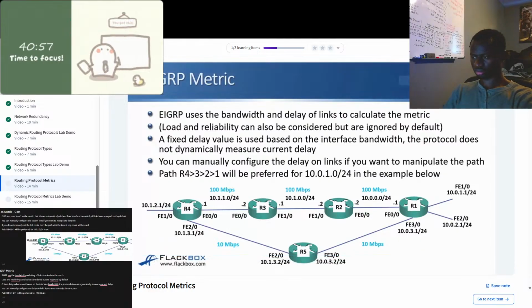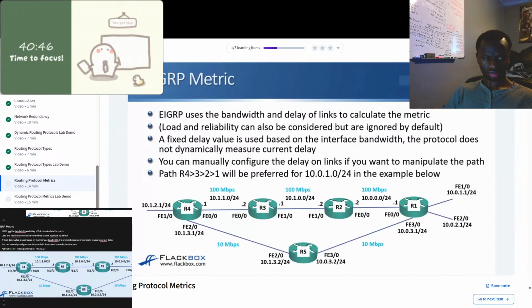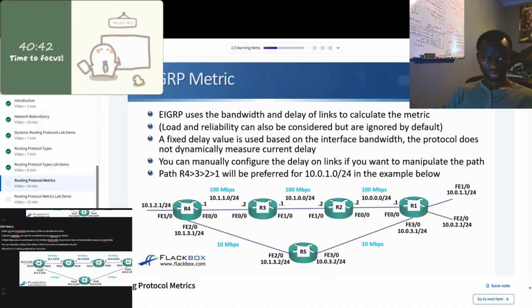So bandwidth is used the same as it was with OSPF. We also have delay as well. But the way that IGRP works, it's not like it's sending probes over the links to measure what the delay is. It uses a fixed delay, which is based on what the bandwidth is. So basically it's based on the bandwidth again.